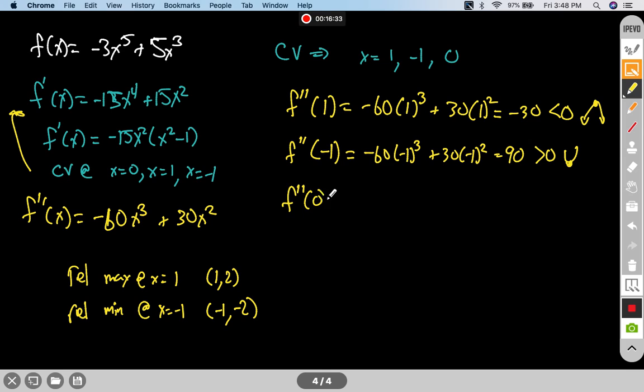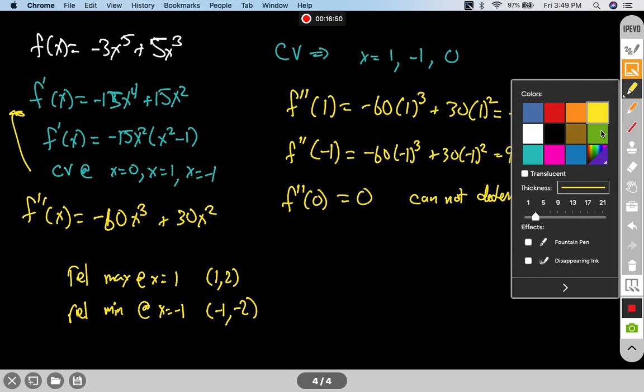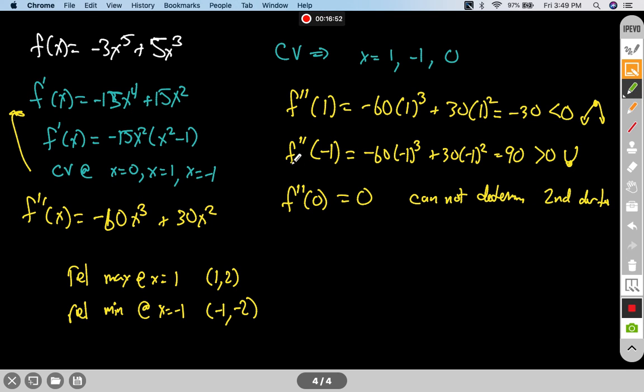If I plug in f double prime of 0, I get 0. We cannot determine anything with the second derivative test. So I'll go back to the first derivative test.